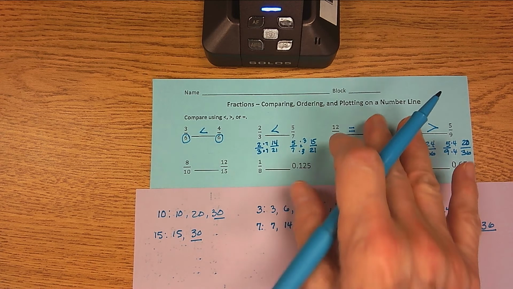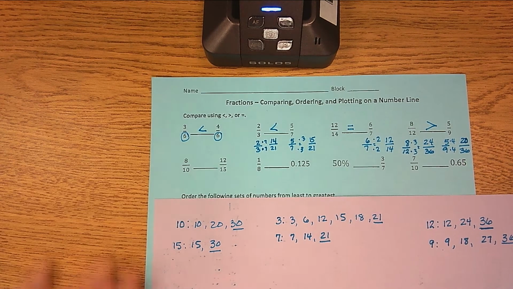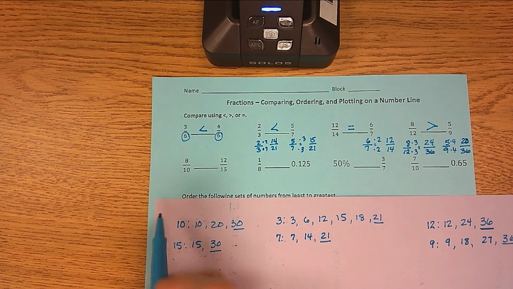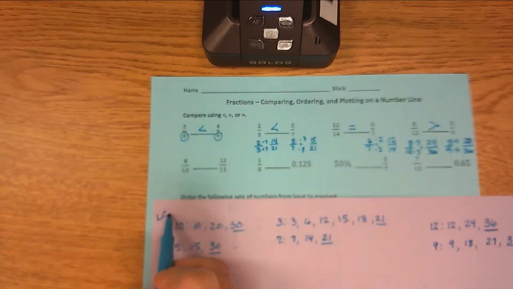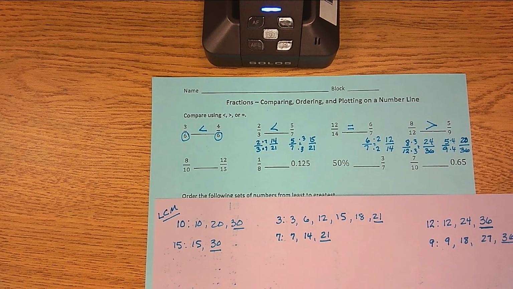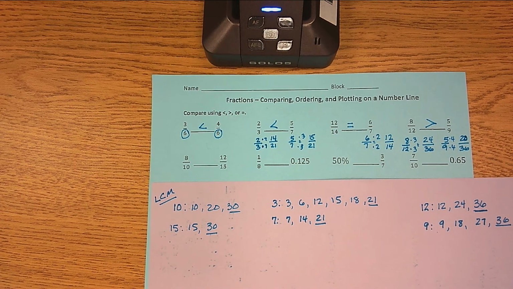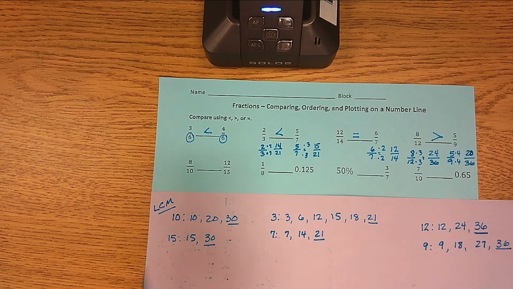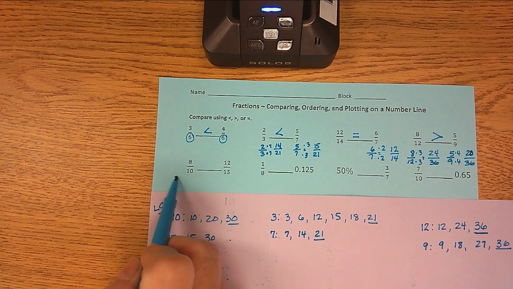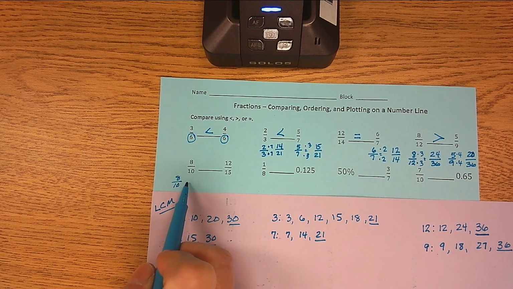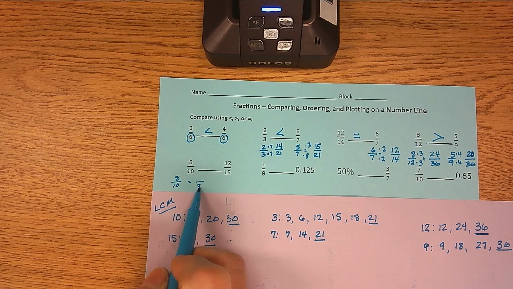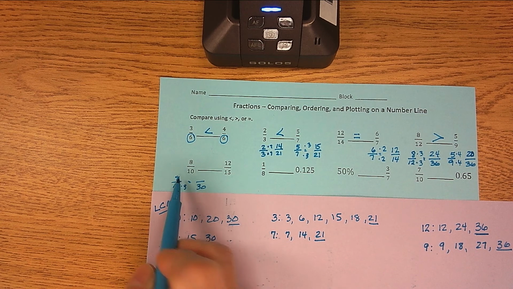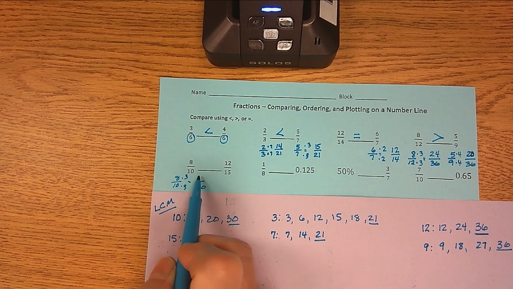All right, and by the way, just so you know, this is an alternate method for finding least common multiple. We used the ladder method earlier, but this is also a method for doing this. Okay, so we're going to take 8/10 and multiply it by something to make 30ths, so that would be times 3. 8 times 3 is 24.